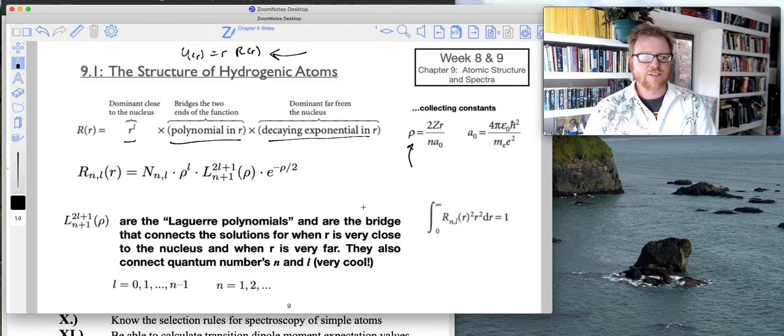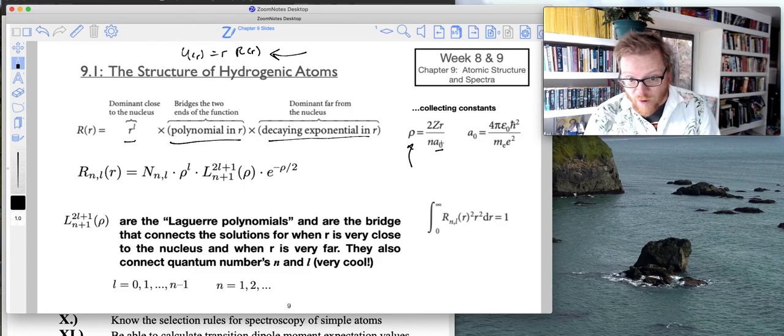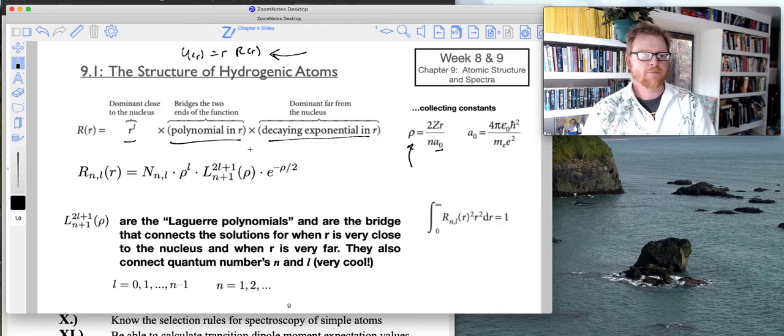And so now you can see this r raised to the L power becomes rho raised to the L power, because that approximate solution of r raised to the L power didn't contain all of those constants. The Bohr radius is in that package. So there's a ton of constants here that are actually being raised to the L power. Okay, so this is that term right here.